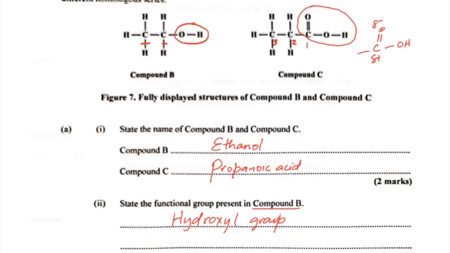And then this part of the OH is slightly negative. The H is slightly positive. So we have 2 sections of it that are polar. So that would interact well with the water molecule, which itself is also polar. Like dissolves like, as we said in question 1 earlier.